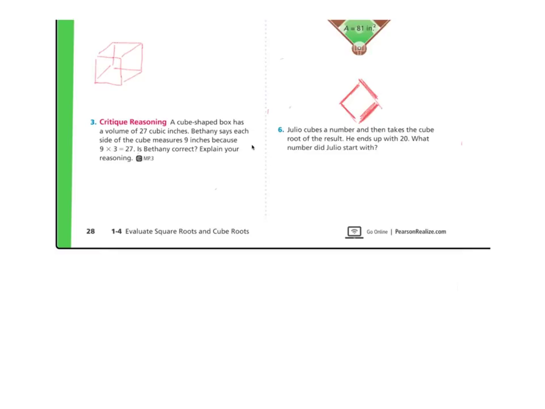Anyway, Bethany says each side of this cube is 9. So in other words, that side is 9, and this is 9, and that's 9. And it tells us a cube-shaped box has a volume of 27. So remember, volume is length multiplied by width multiplied by height.